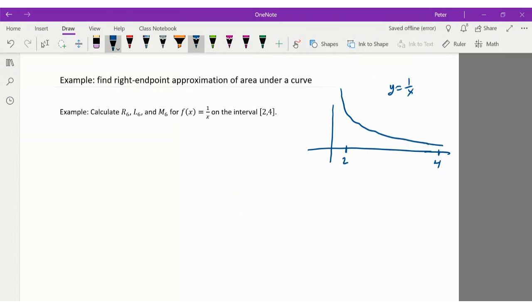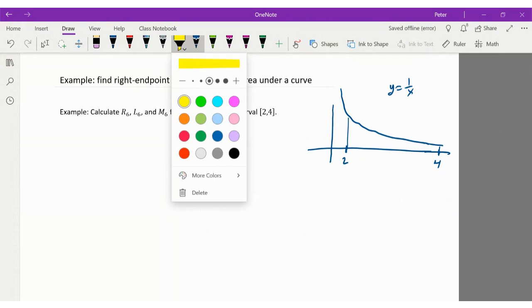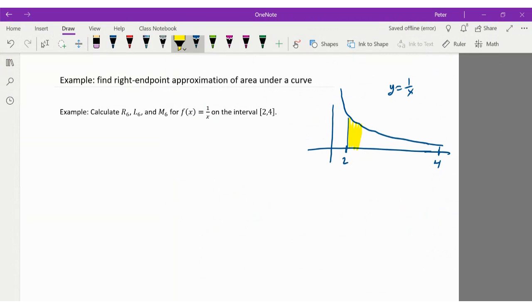We have the interval 2, 4. What we're trying to find is this area. We're going to do it by drawing these rectangles at these subintervals where the green lines are. That gives us 6 subintervals, and we're going to use that to find the approximate area.